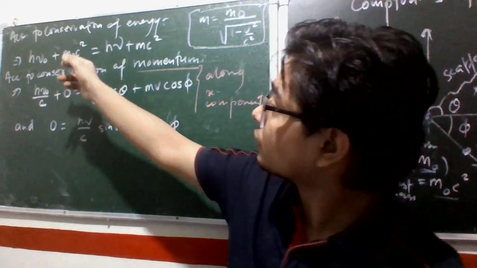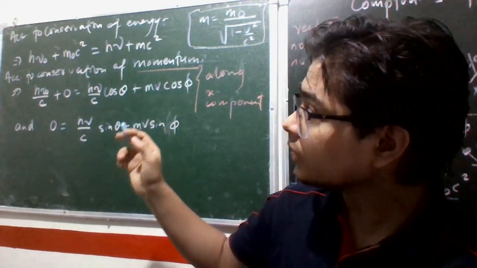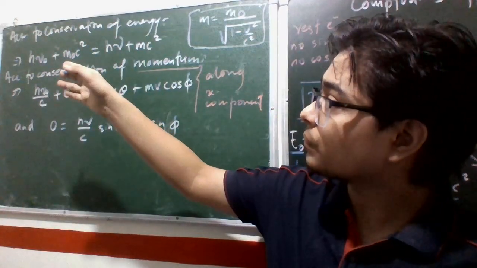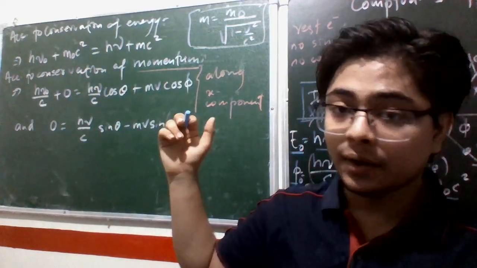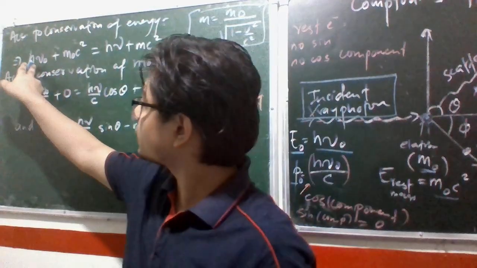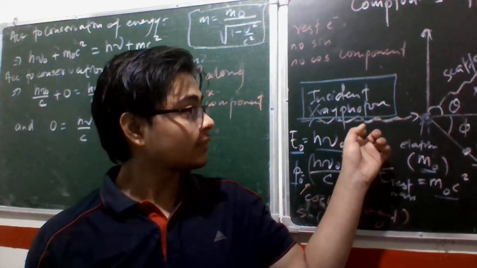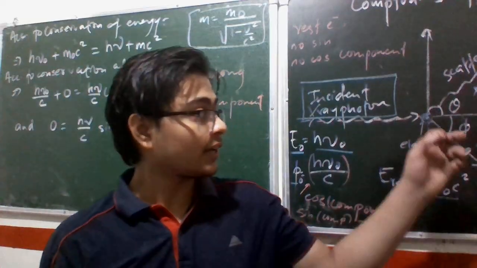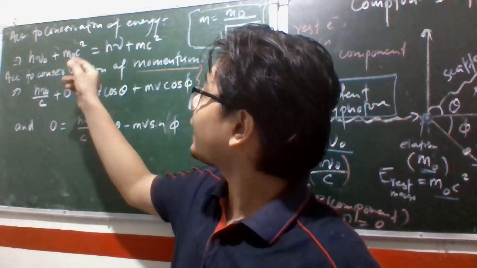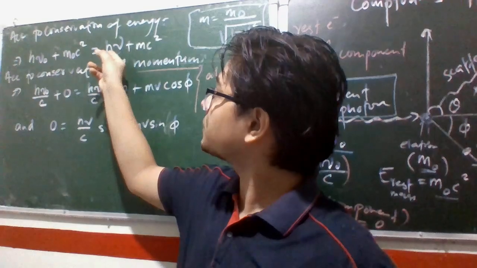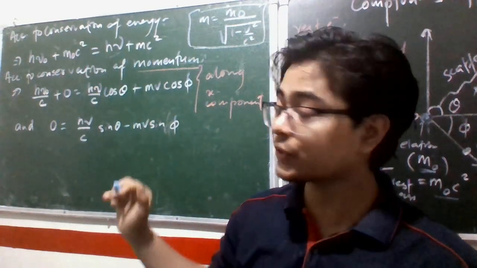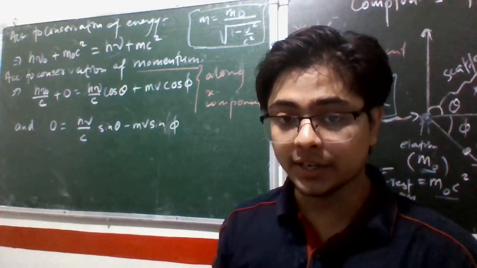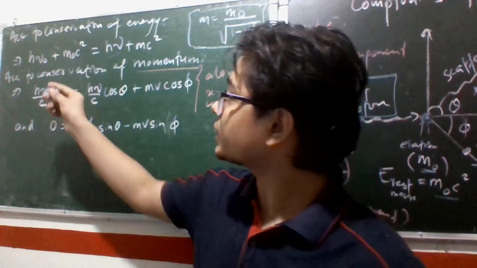If you see the first expression, it is a conservation of energy equation, where h nu naught is the energy of the incident photon, m naught c squared is the energy of the rest electron, and after striking, this becomes the energy of the scattered X-ray, and this becomes the energy of the recoil electron.